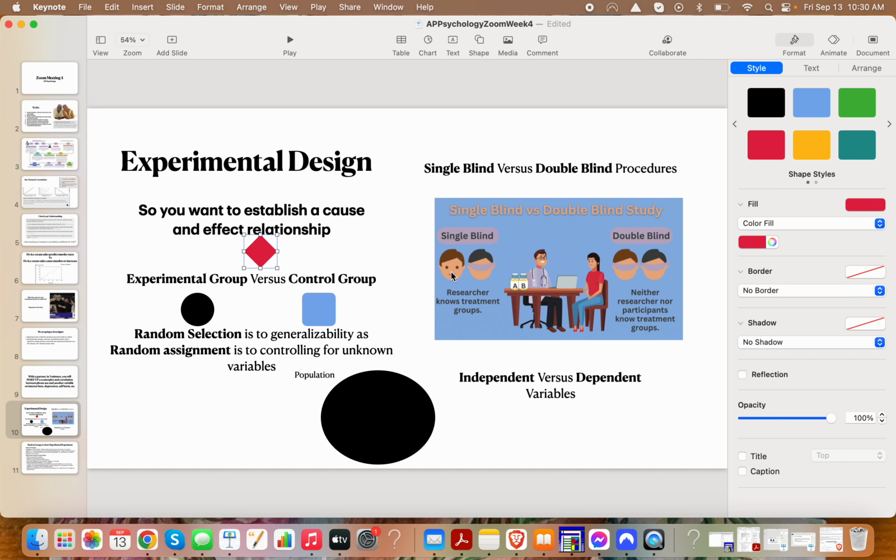Well, because I know who's getting the new therapy, maybe I'm just nicer to those people and maybe that impacts my findings. All right, double blind is the researcher, the person who puts them in these two groups, is different than the person actually carrying out that therapy. They wouldn't know.